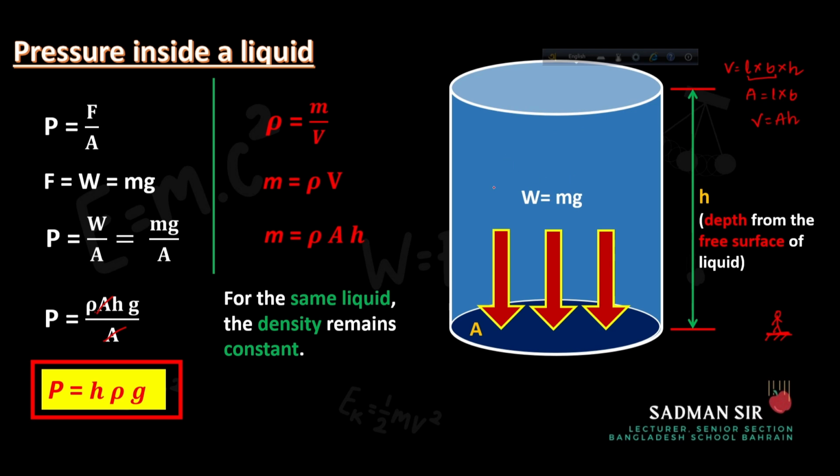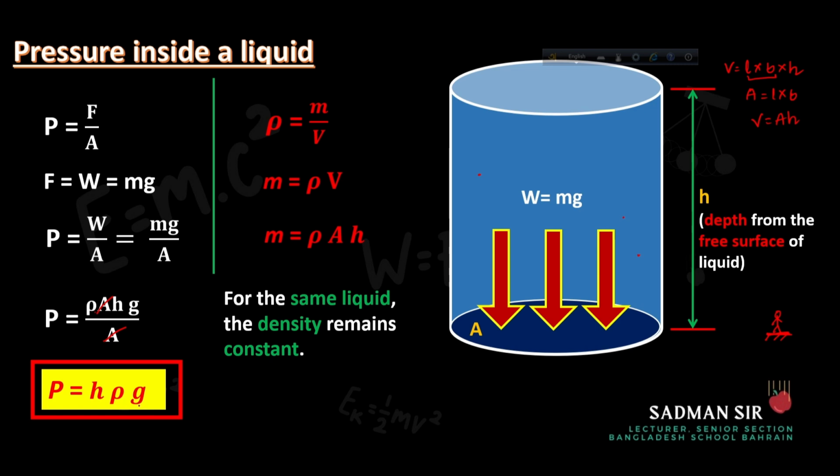For example, if I want to find out the pressure at this point, or at this point, or at this point, if I change the point at which I'm trying to find out the pressure, then the depth from the free surface will be varying, correct? But the density of the liquid will not change, because for the same liquid I'm trying to find it out. So that is why for same liquid density remains constant.